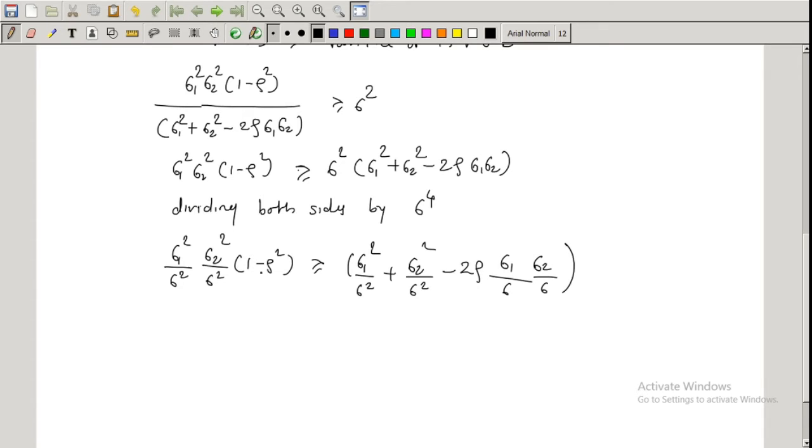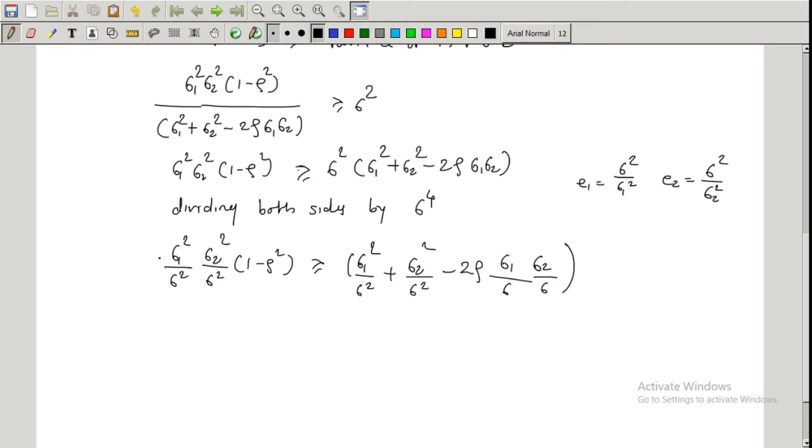After that, we know that sigma square upon sigma 1 square is E1, and E2 is sigma square upon sigma 2 square.